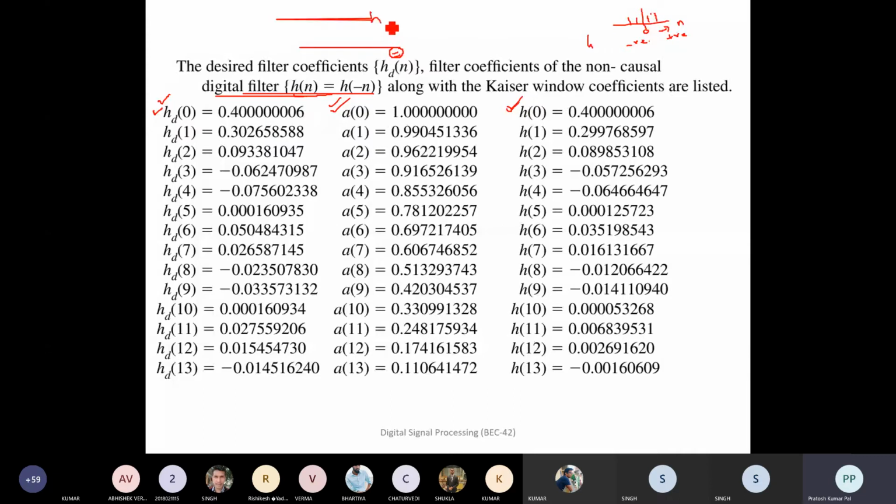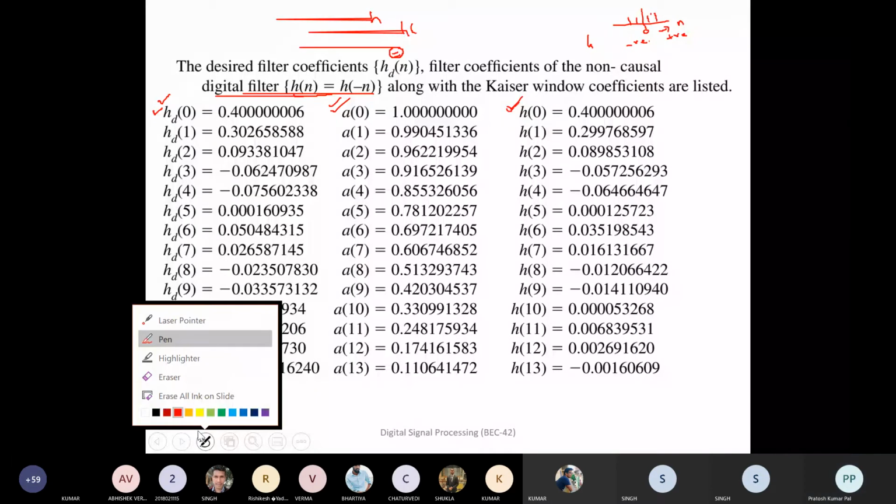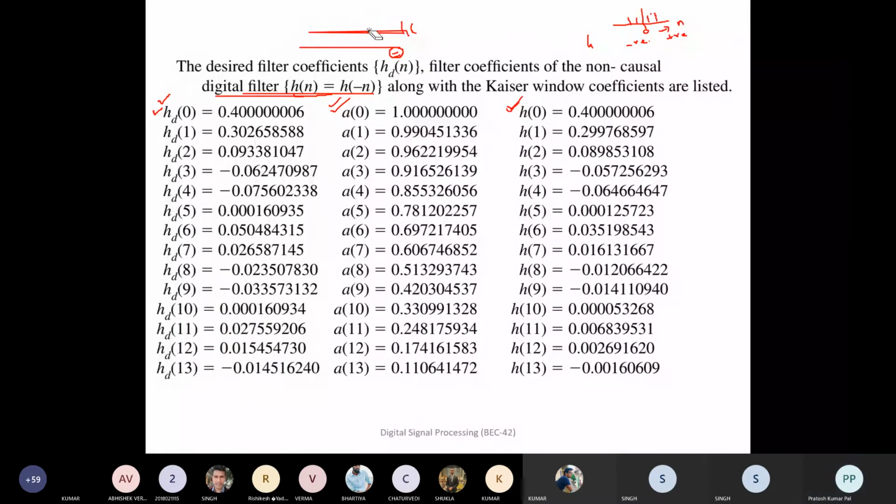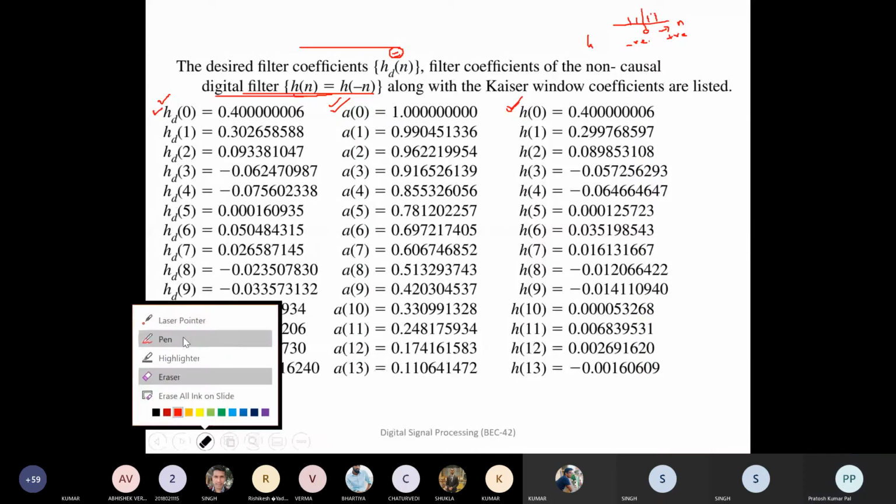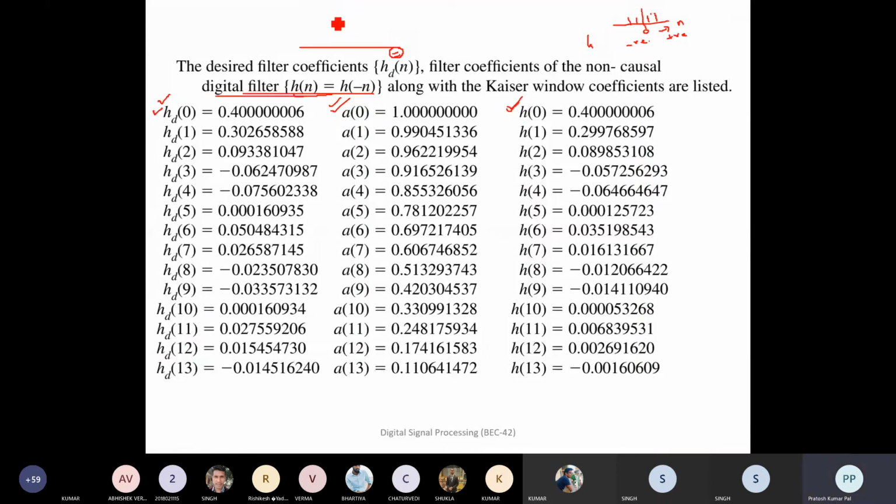So h of n will be given by hd of n into whatever Kaiser window is there, that we will be multiplying.